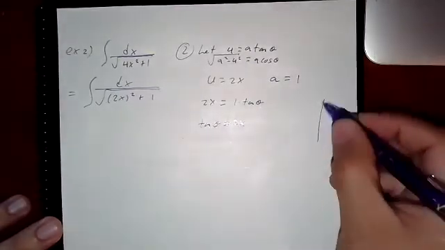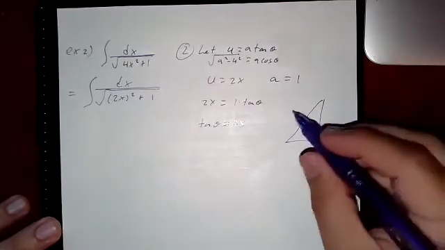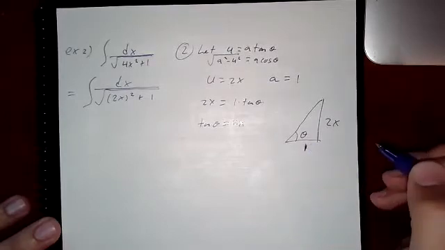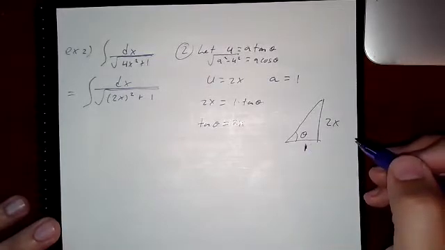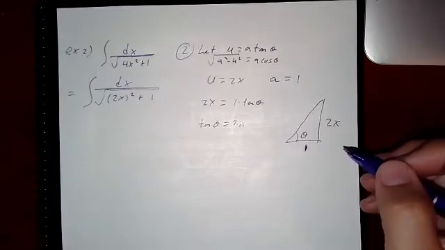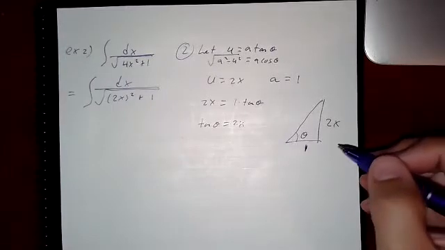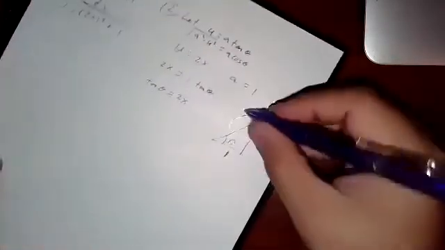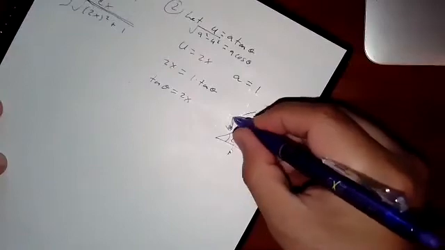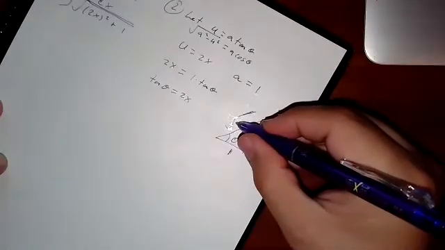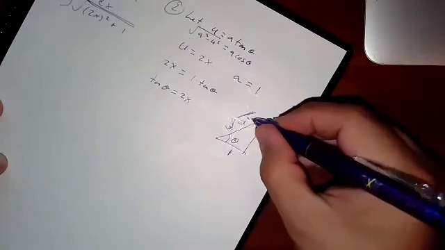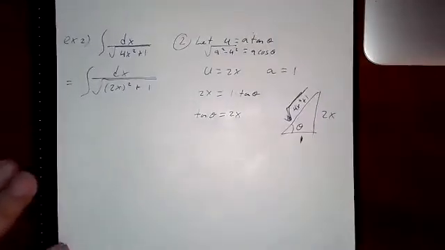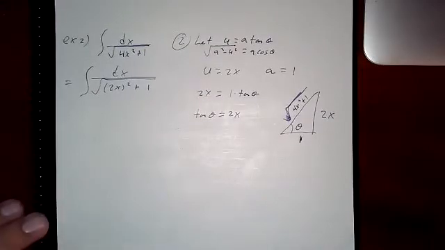That means we can build the triangle right now and say that theta would be opposite over adjacent, which would be a triangle with hypotenuse square root of 4x squared plus 1. You can build a triangle anytime. That way you can be ready.